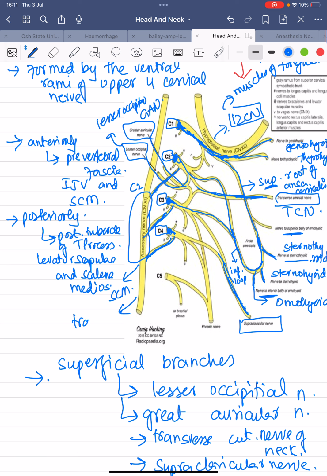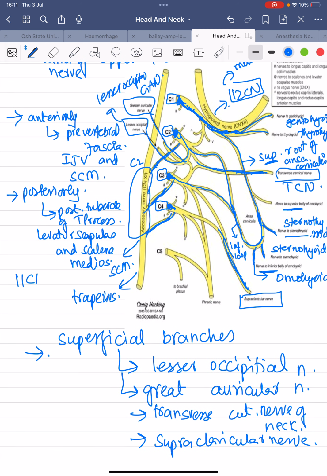So it is communicating with the accessory nerve, your 11th cranial nerve. Please remember, the 11th cranial nerve, the accessory nerve, innervates two muscles, the sternocleidomastoid muscle and the trapezius muscle. So a branch from C2 goes to the sternocleidomastoid and from C3, C4 to the trapezius. It is communicating with this 11th cranial nerve also.